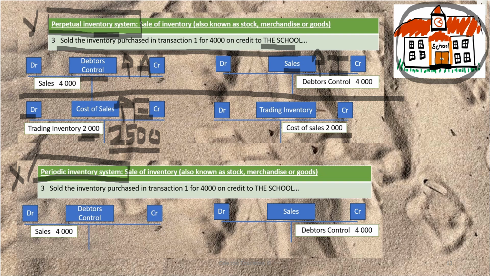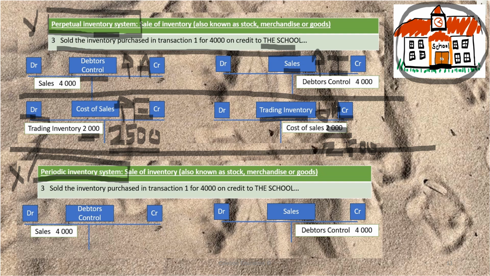And there I can actually change that to 2,500. So cost of sales was debited, increase in expense, and trading inventory was credited, decrease in assets, 2,500. That is the perpetual inventory system.